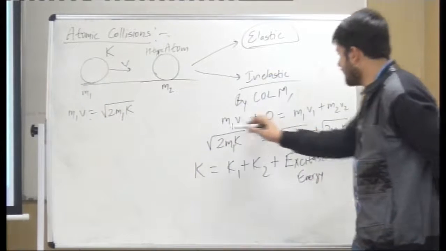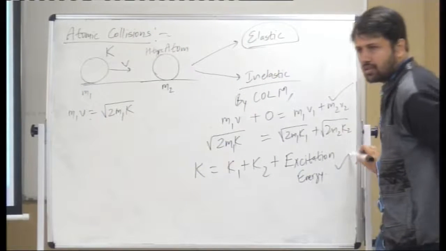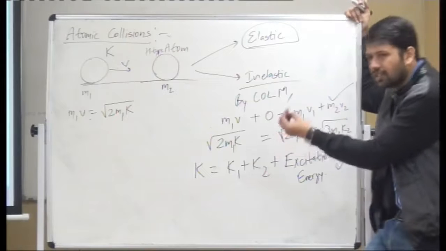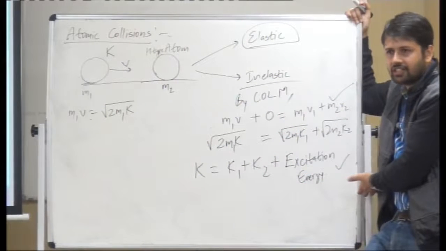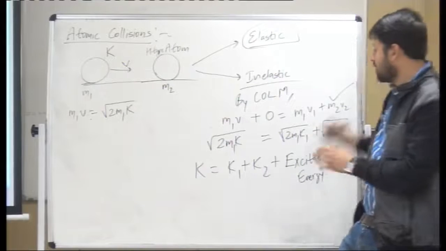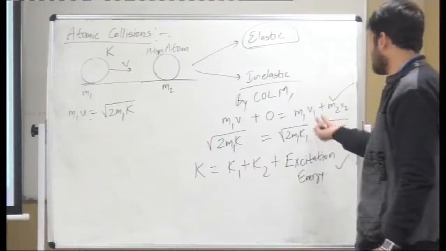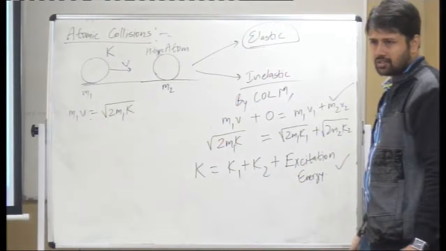Okay, so while this condition should always be true, this may or may not be true. If the kinetic energy is not sufficient to cause an excitation, there would be elastic collision for sure. Now in case of perfectly inelastic, V1 and V2 are the same, right?